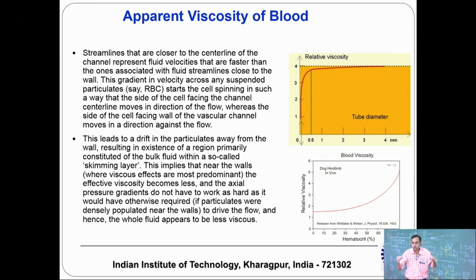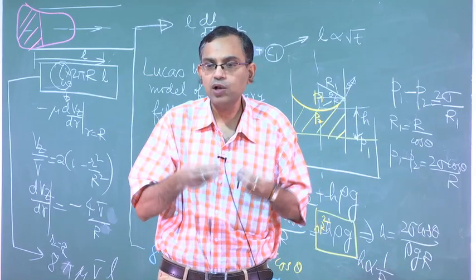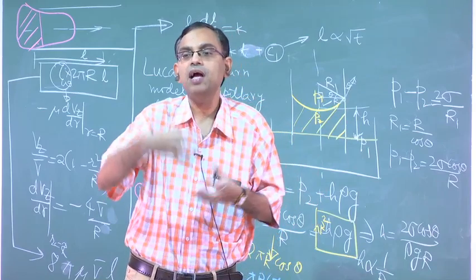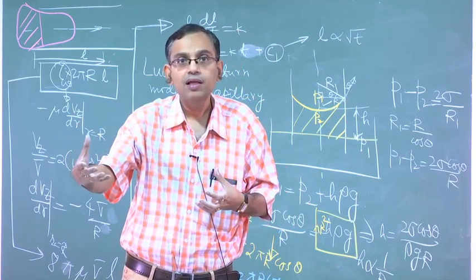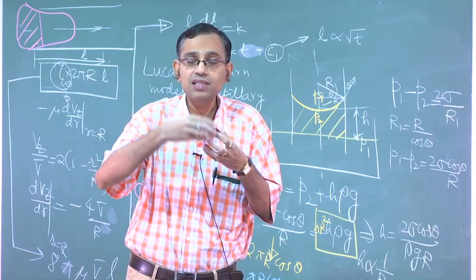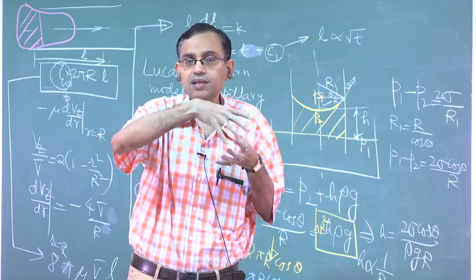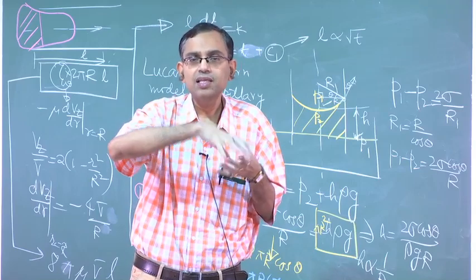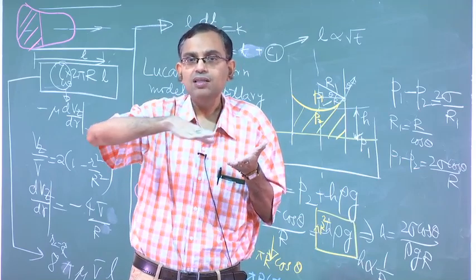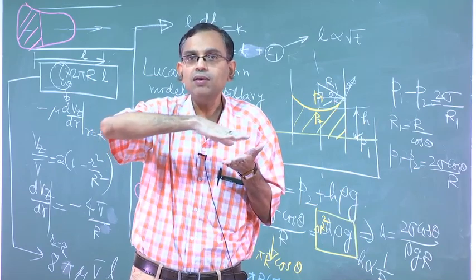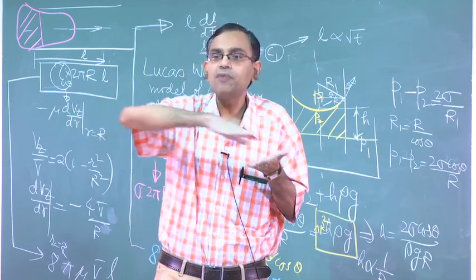So, in a very small channel, blood can remarkably flow by surface tension because of two things. One is that if the channel is very narrow, surface tension drives the blood flow in a remarkable way. The second is that if the channel is very narrow, the viscous effects also become less. The viscous effects become less because at the wall the red blood cells form a cell free layer.